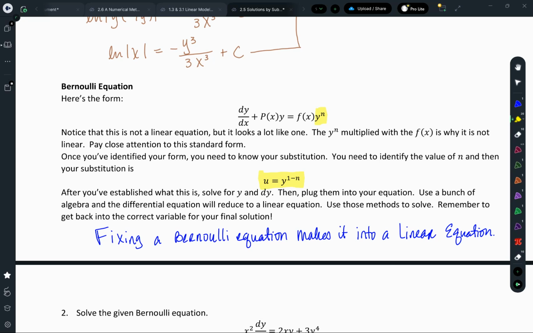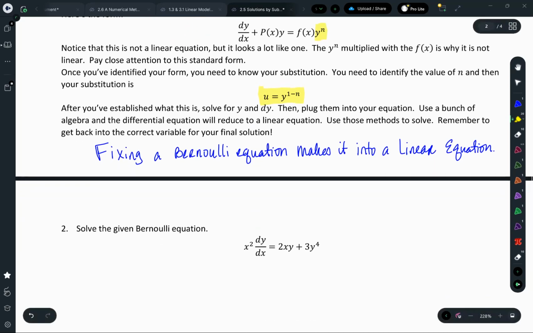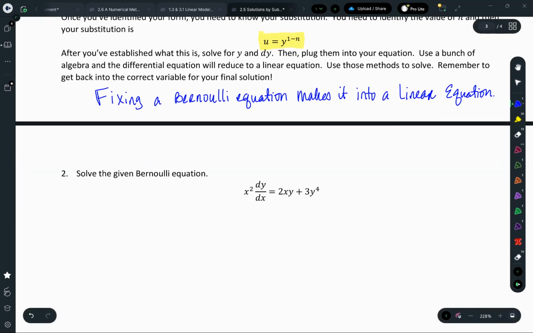And then from there, I could solve for y, and I could find dy/dx, and I could substitute them in, okay? But the best way to see this is for us to go through the steps, okay? And I want to encourage you to not skip any of the steps as you're going through these problems. It's way too easy to make an algebraic error that you could have totally avoided by just showing yourself all the steps.